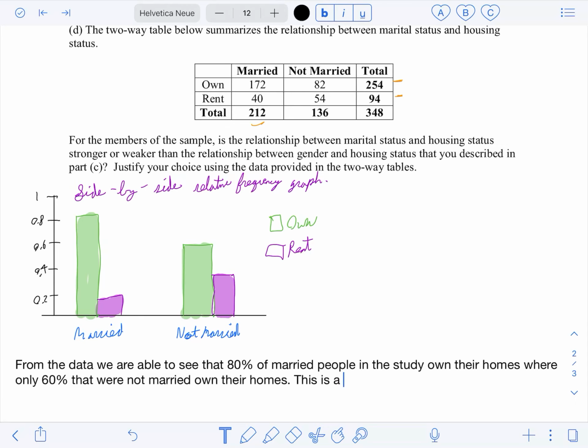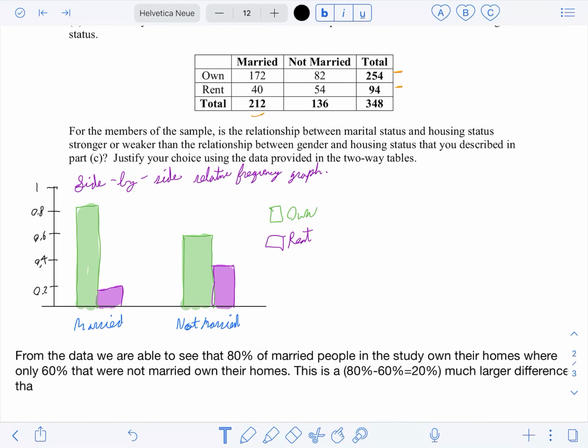This is, and I'm just going to do 80% minus 60% equals a 20% difference. Much larger than the difference between gender and owning a home.